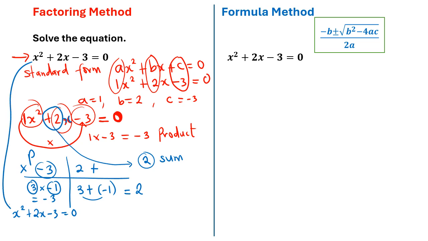This is what I had. And then from this trick, I found out that if I multiply 3 and negative 1, I get negative 3, which is the product. And if I add them, I get positive 2.